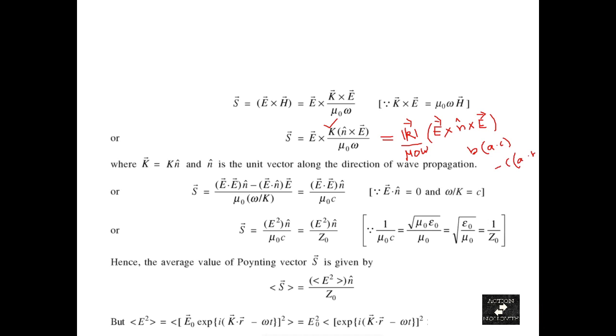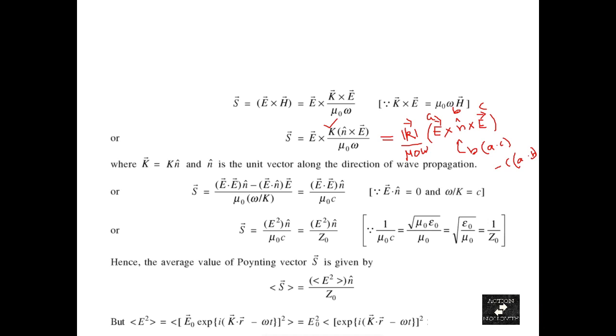Back cap. So if you remember this, you can get this triple product where A is this E vector, B is this N vector, and C is this E vector. And if you apply that here, we have A dot C, which is E dot E, times B, which is N cap or N hat, and then we have E dot N times E vector.